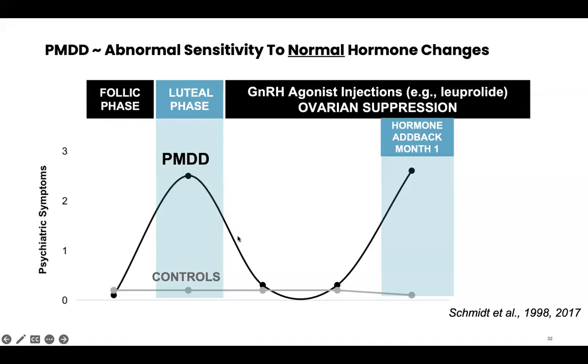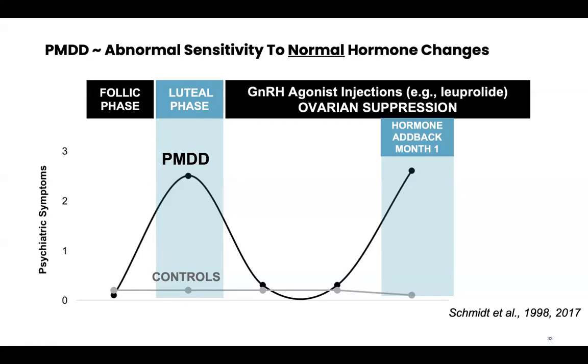Their symptoms remitted when temporary chemical menopause was induced, but then climbed back up when they were given a hormone add back that mimicked luteal phase levels. Once again, the control group did not have that experience. When given this increase in hormones to mimic luteal phase levels, they still didn't have emotional symptoms in response. So there's evidence here for a differential sensitivity to these normal hormone changes.